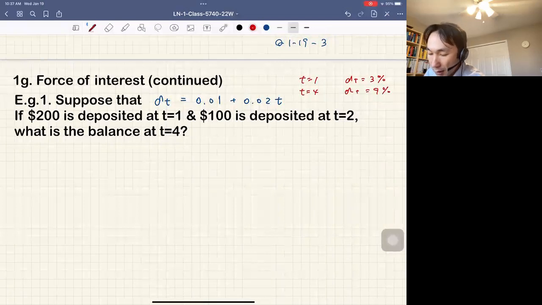If $200 is deposited at t equal to 1 and $100 is deposited at t equal to 2, what is the balance at t equal to 4? So 200 earns some interest and 100 also earns some interest.